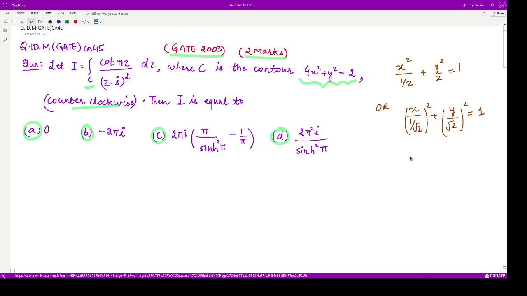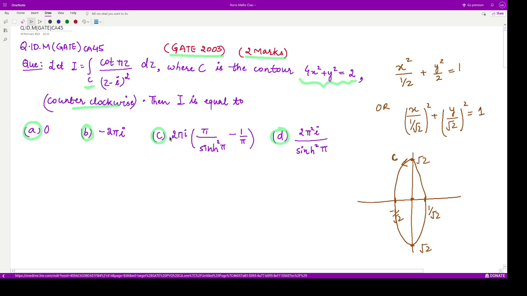So this is the standard equation of an ellipse having center at the point (0, 0) and whose x intercept has value 1 by square root 2 and the y intercept has value square root 2. So let us first draw our ellipse, the curve C, and its orientation is given to be in the counterclockwise direction, so it is positively oriented.